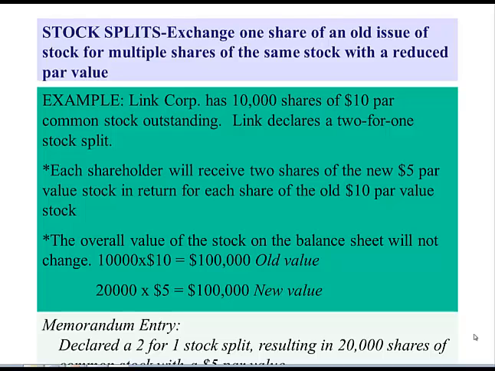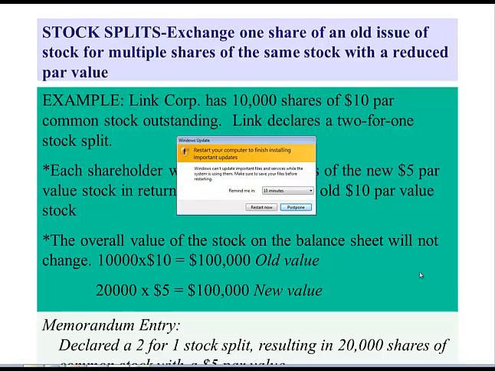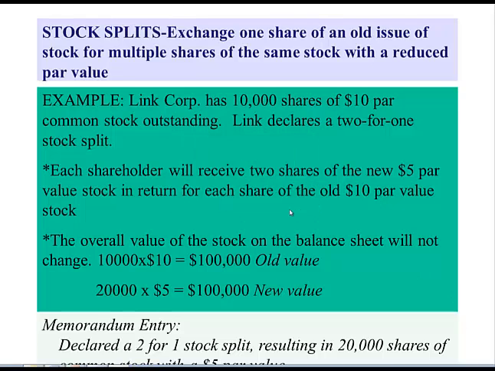What that means is that each shareholder is going to get 2 shares of stock for every 1 share that they owned previously. Now the par value will be split in half while the number of shares is doubled. So for example, if we had 10,000 shares outstanding, there will now be 20,000 shares outstanding. The par value will no longer be $10, it will be $5.